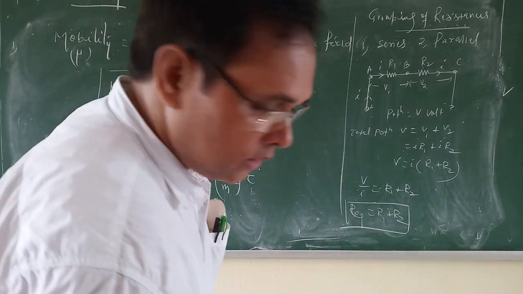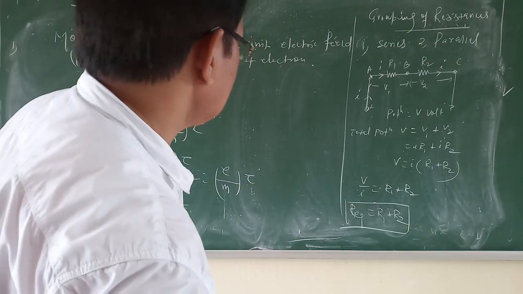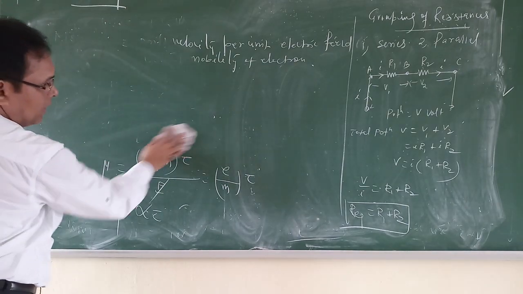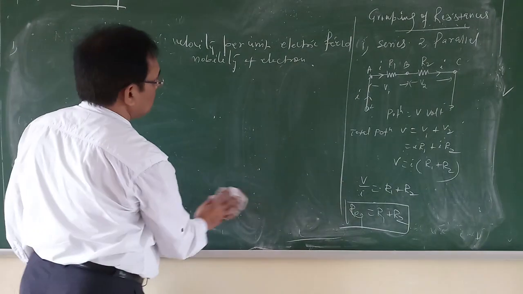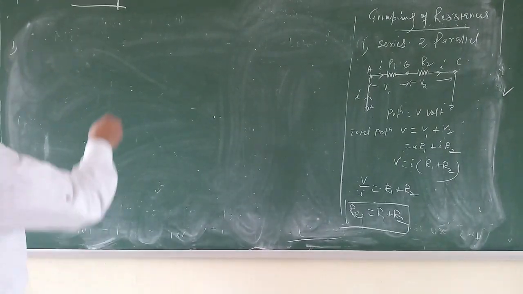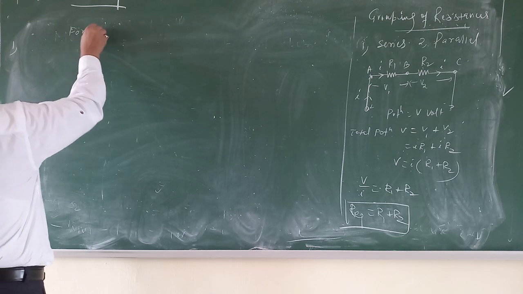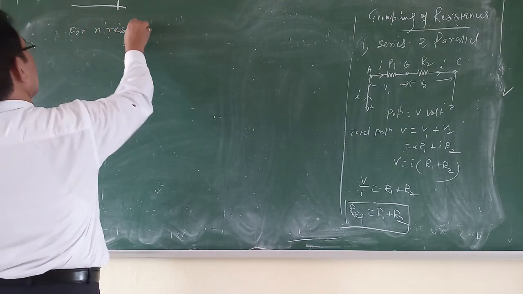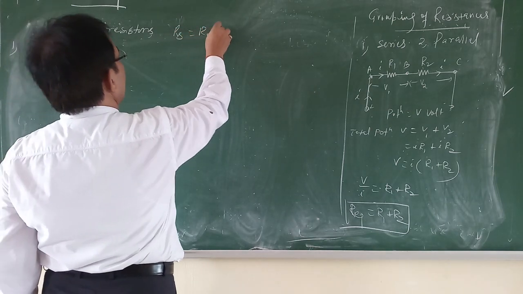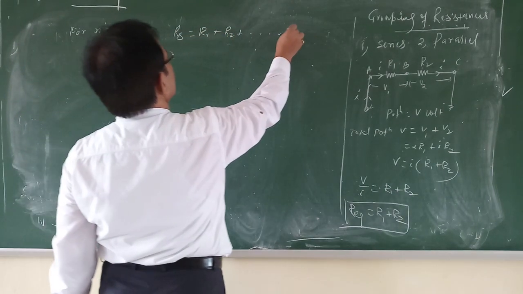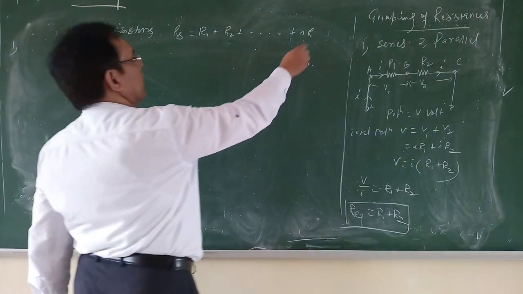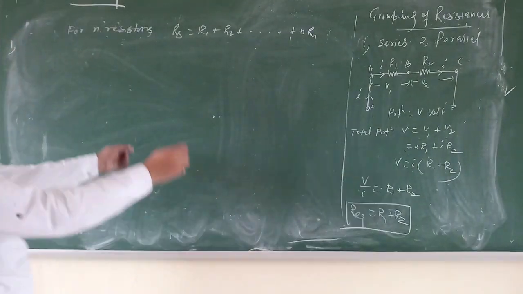When the two resistances are connected in series, then equivalent resistance will be R1 plus R2. Similarly, for n resistors connected in series, R is equal to R1 plus R2 plus so on, plus Rn.